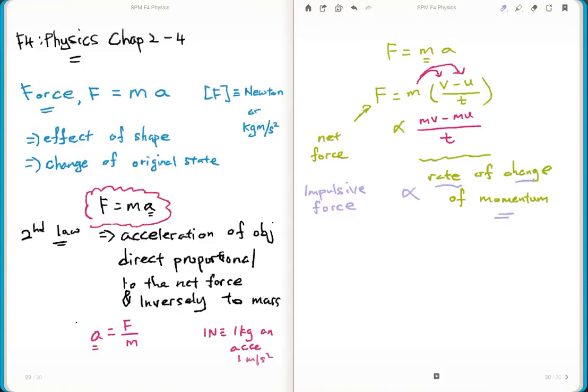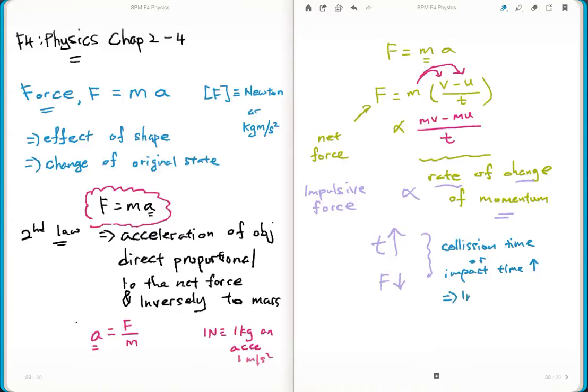Now, where do you use it? If you look at this equation carefully, what happened when the time t increases? What happened to the force? The force reduces. Meaning if the collision, because momentum is all about collision from our previous video, if the collision time, or you call it impact time, increases, what happened?